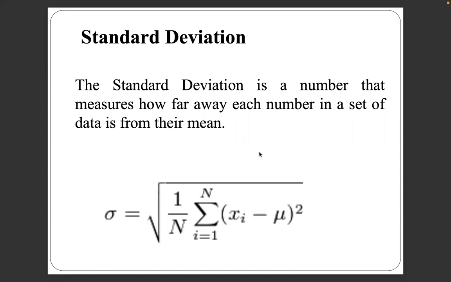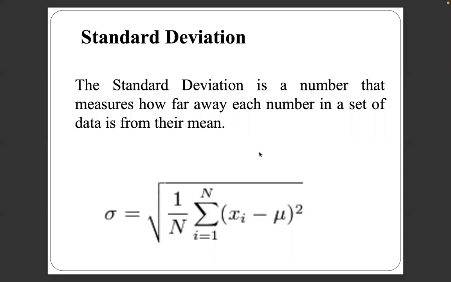Yes, it represents the risk of the particular portfolio, particular stock, right? Standard deviation represents the risk. That means if you take the expected return, how far away each of our returns is from the expected return.